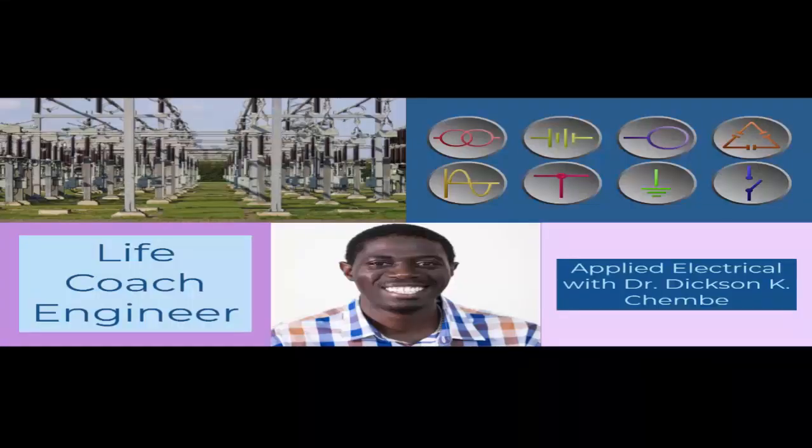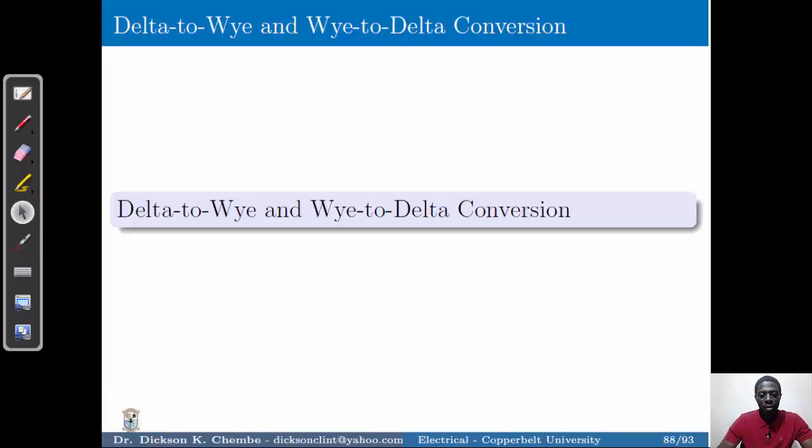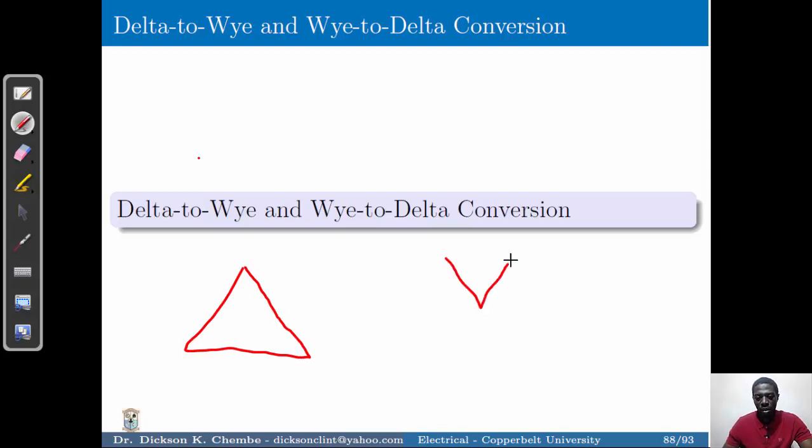That's my way. The importance of the Wye-to-Delta and Delta-to-Wye transformation is that sometimes the resistors may be arranged in such a way that they're in a delta format or they're in a Wye format. What we call delta format is this delta symbol, and the Wye symbol is this Wye symbol.